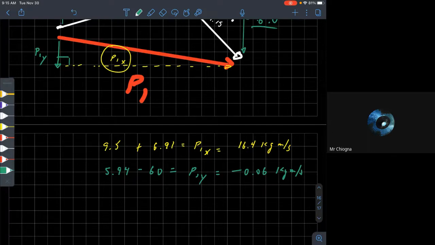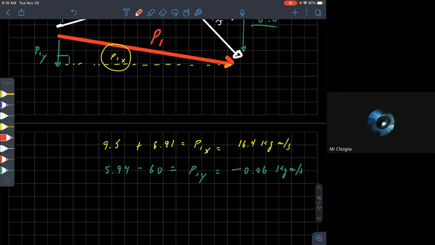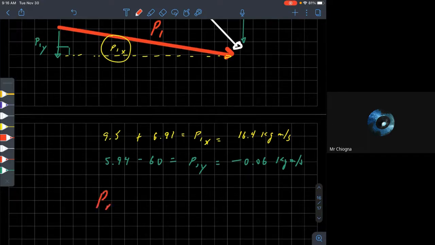So what kind of math can you use to figure out P1? P1 is here. This is P1. It's a hypotenuse. What's P1 equal to? P1 squared is equal to this side squared plus this side squared. You agree?